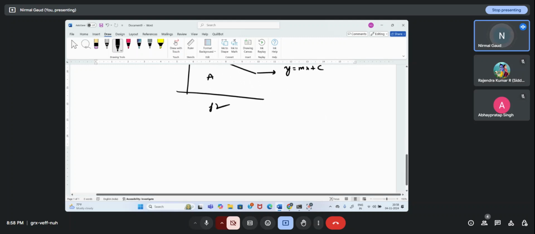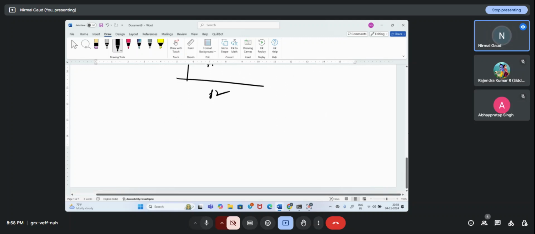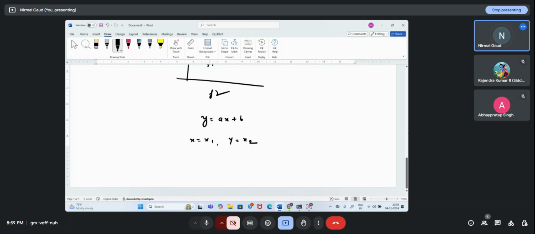Let me rewrite this equation. Let us suppose it is y equal to ax plus b. It doesn't matter, I can write it in any of the symbols, any of the alphabets. So y equal to ax plus b. Let us suppose x equal to x1, y equal to x2.